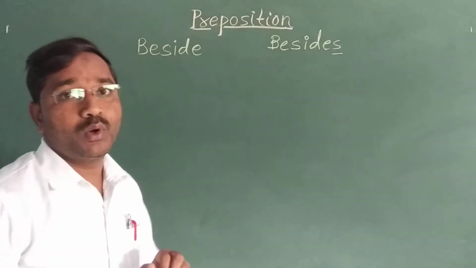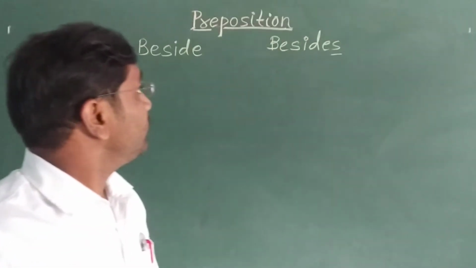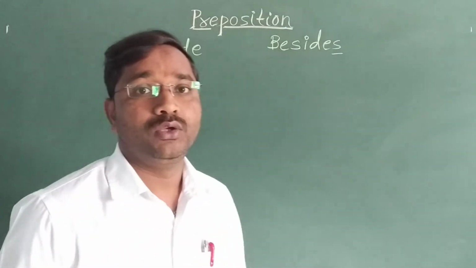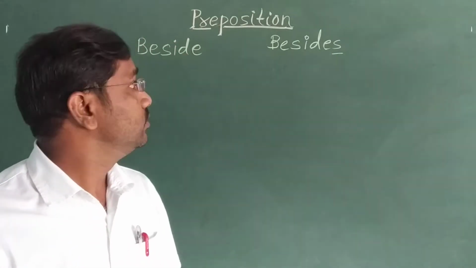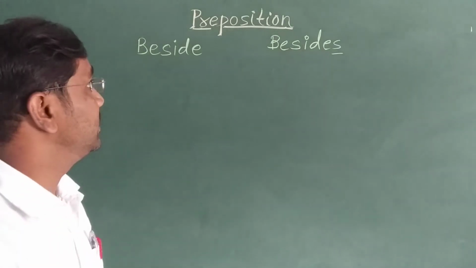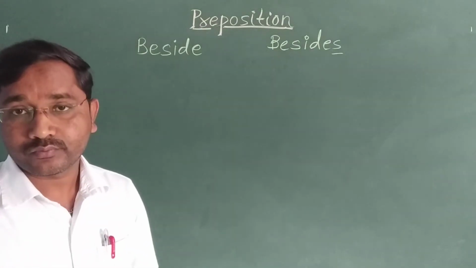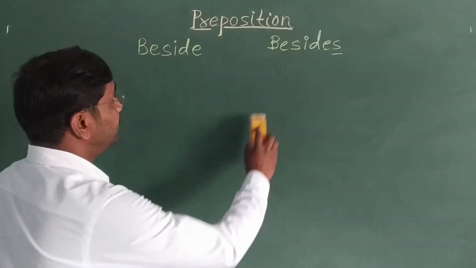That means these two words are spelled in the same way, but these two prepositions are used in different ways in sentences. So first we will see the use of beside.